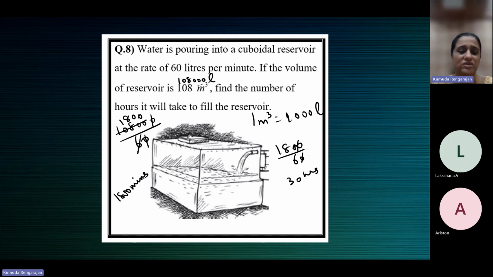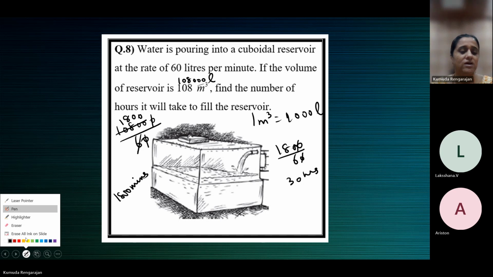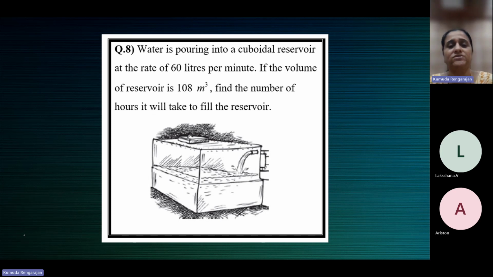It's a very simple question. Just that the rate of filling is given in liters per minute, but the volume is given in meter cube. When the capacity is in two different units, it may be difficult to understand the situation or answer the question.